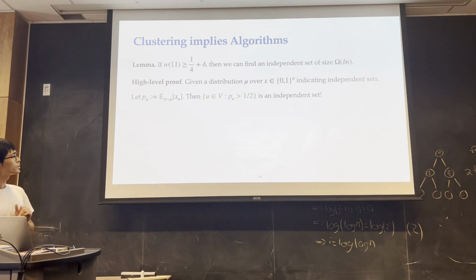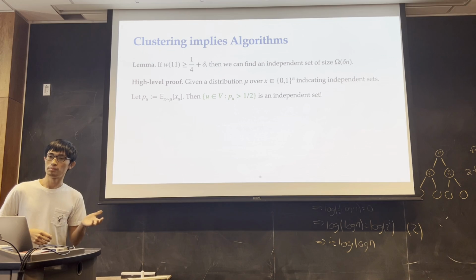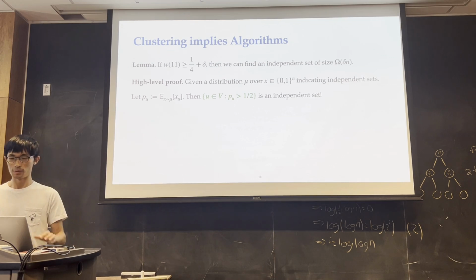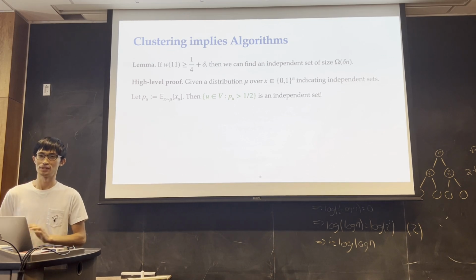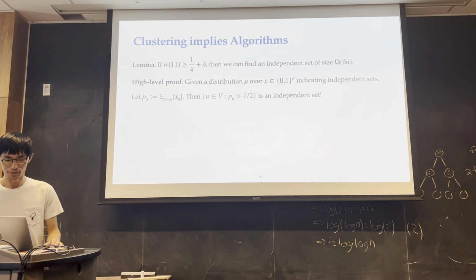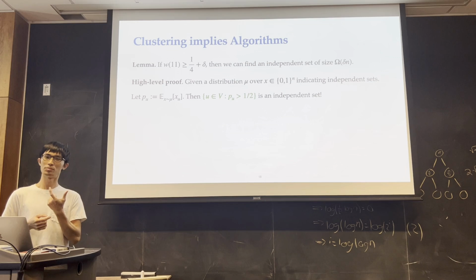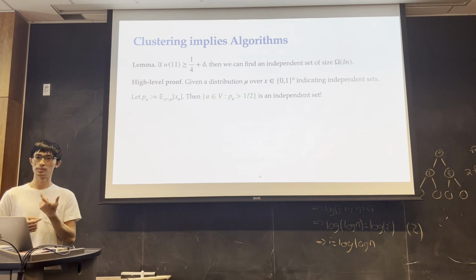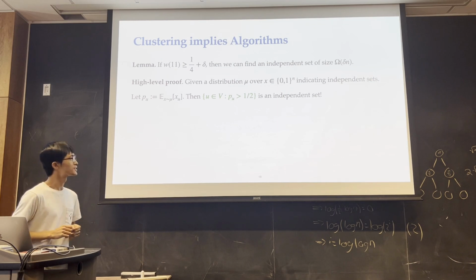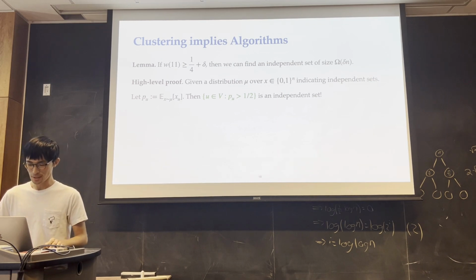And here's a simple observation. The vertices such that Pu is larger than 1/2 must form an independent set. It's a simple exercise: for any edge, their marginal probabilities cannot both be larger than half.